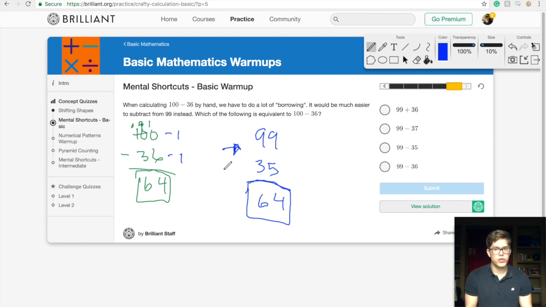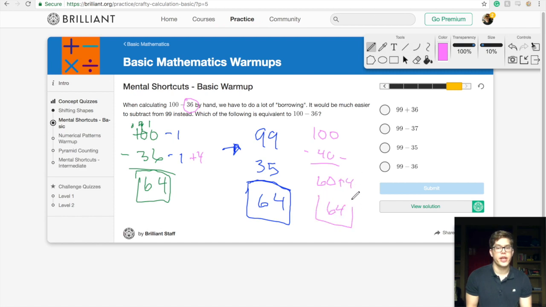Something I also do personally, instead of doing this change to 99 method, I still stay at 100. But then I just round my other number up. I would round this up to 40, 100 minus 40, I know that's 60. And then what did I do? I added 4 to my 36 to make it 40, so I need to add 4 to my answer to make it 64.